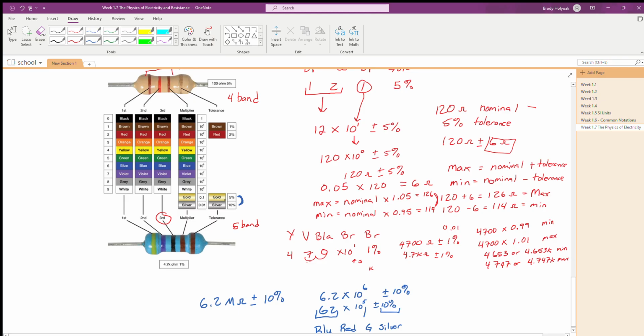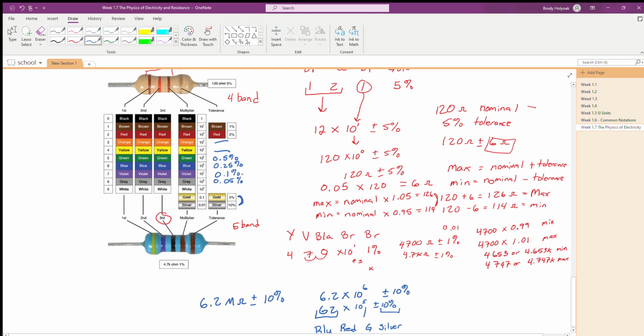Some of the other tolerances that you're going to see, orange doesn't use one, yellow doesn't use one, green is a 0.5% tolerance, blue is a 0.25% tolerance, violet is a 0.1% tolerance, and gray is a 0.05% tolerance.